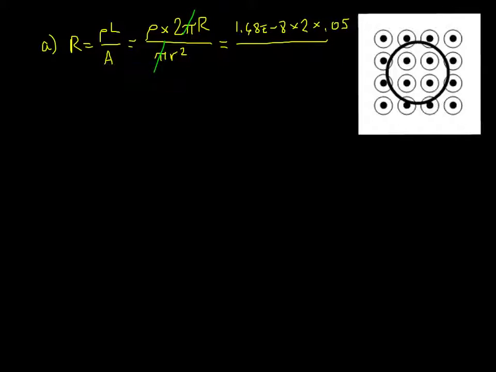The diameter was given as 2 millimeters, so the radius is 1 millimeter, which is 0.001 meters, squared. That will give you a resistance of 0.00168 ohms.